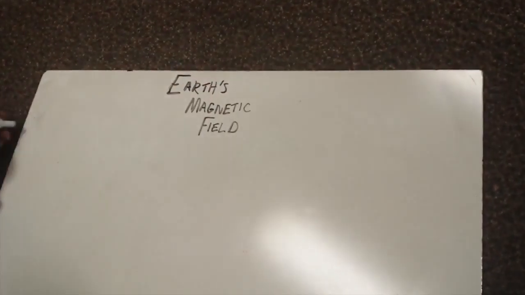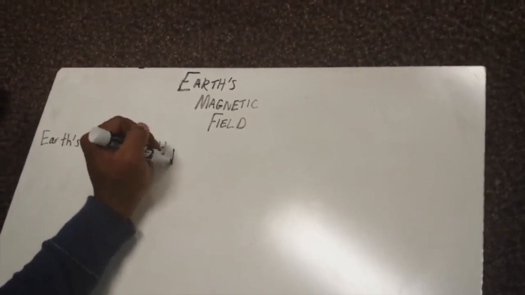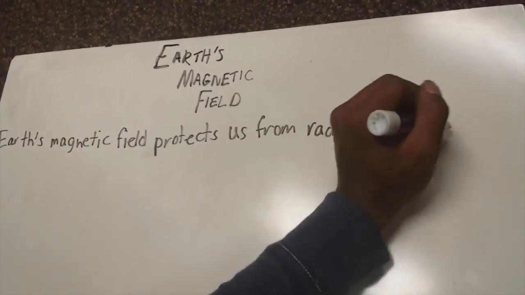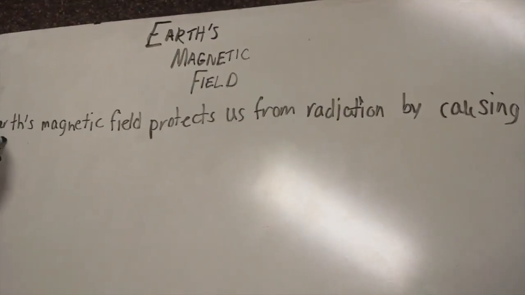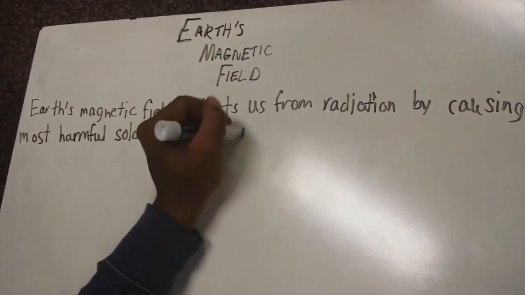And lastly, we have Earth's magnetic field and its function. It serves to protect the Earth by sending some of the more harmful solar radiation around the Earth rather than straight towards it.